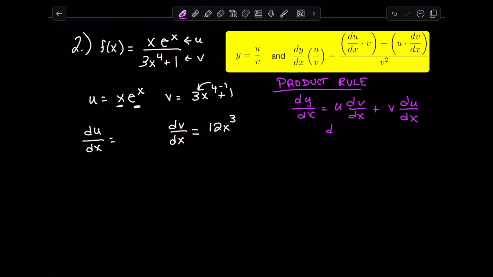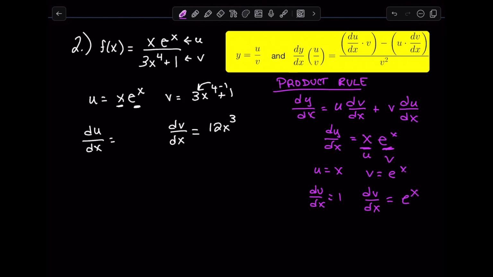So to take the derivative of x e to the x, we notice the first term is u, the second term is v. So u equals x, v equals e to the x. Du dx equals 1, dv dx, again, just equals e to the x.